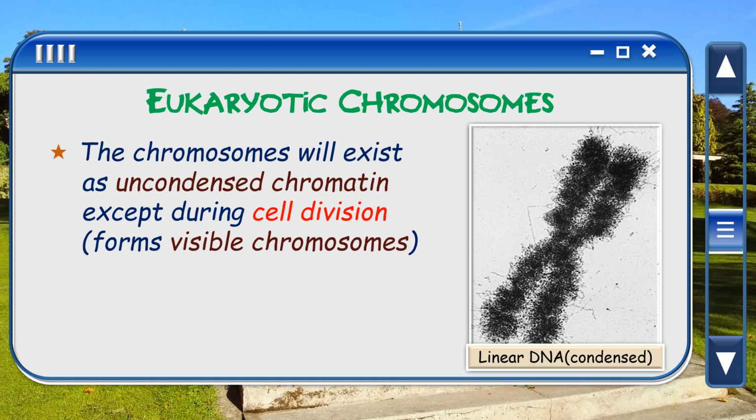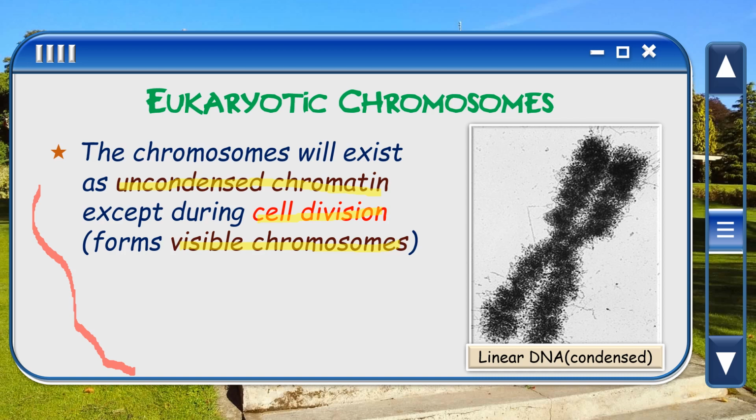The chromosomes will exist as uncondensed chromatin, except during cell division, to form what we call visible chromosome. So the chromosome always appears uncondensed. It is just like a single, very long thread. That one is what we call uncondensed chromatin. And when do they become condensed?